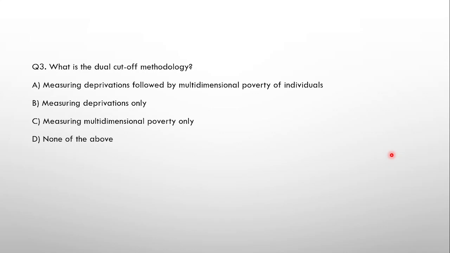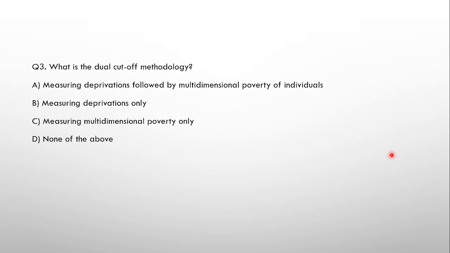For all 12 indicators, you calculate the total deprivation, and then there is a cutoff like 0.33, and you see if that person has crossed that cutoff into the negative side. So that's what is meant by the first option: deprivation cutoff followed by poverty cutoff. B, only deprivation cutoff.